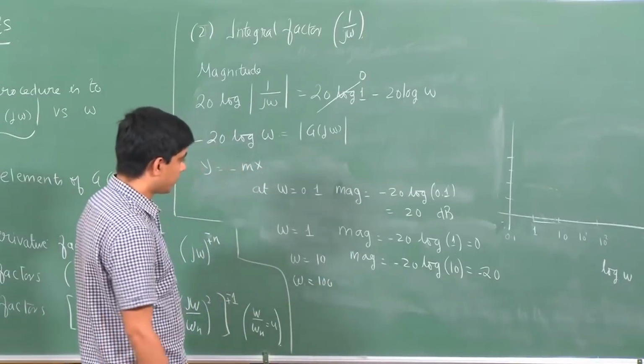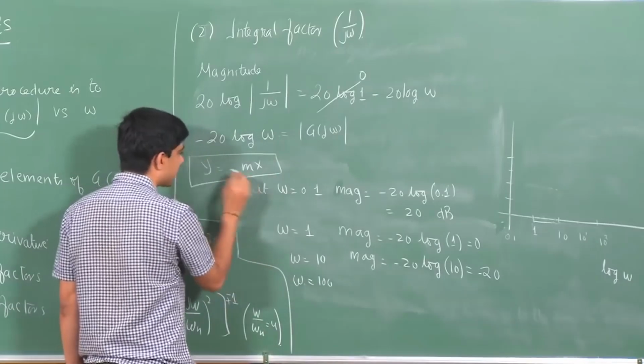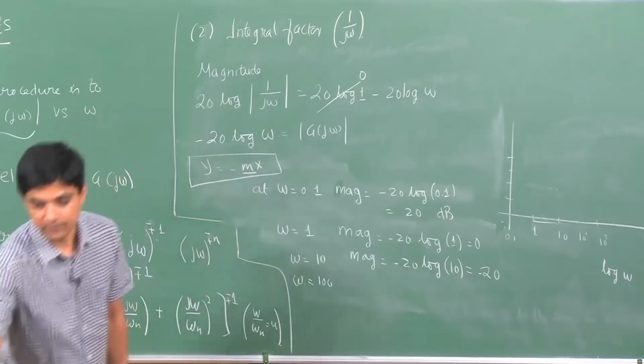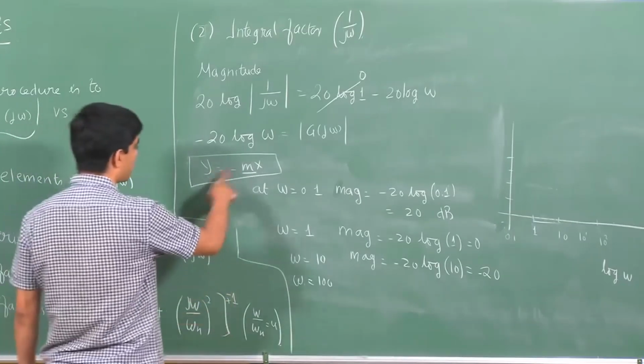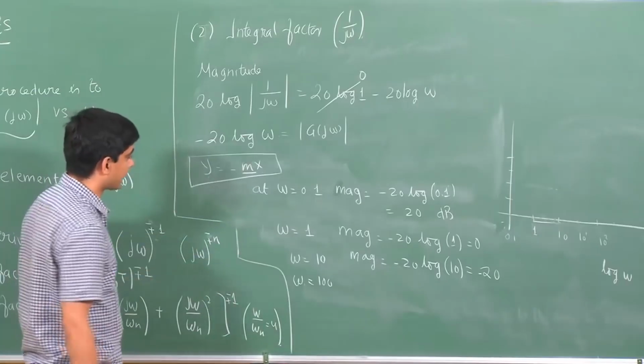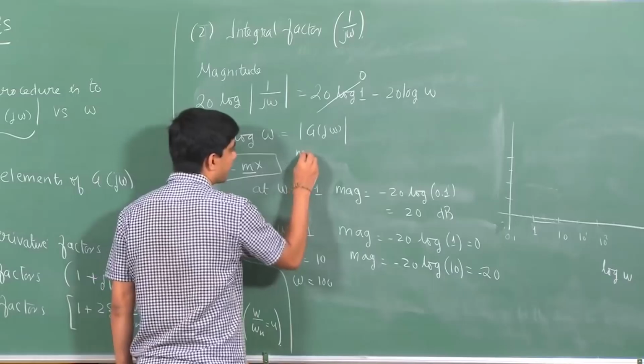So when we compare with this, we are interested in the slope. Give me the slope, and I could plot y equal to mx, right? This is a minus m, so a negative slope. So what is m?